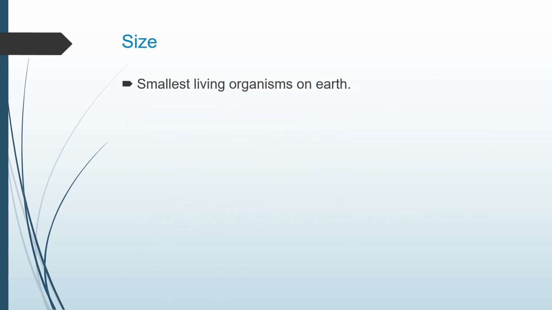Now we are talking about the size. They are the smallest living organisms on earth, and they are microscopic, so they can't be seen under the naked eye. What is their size? Their size varies from 0.5 to 5.0 micrometers.